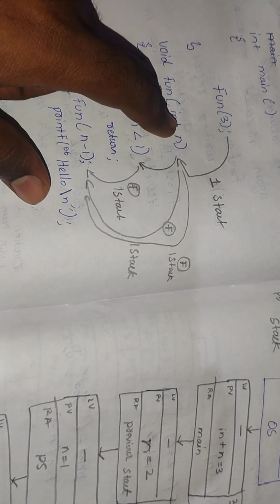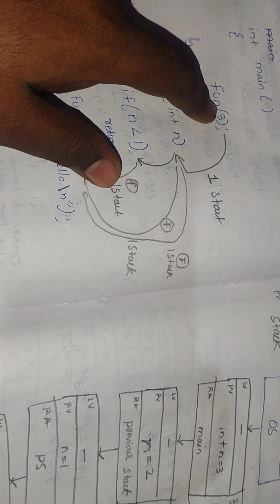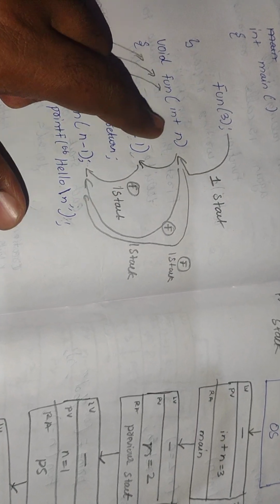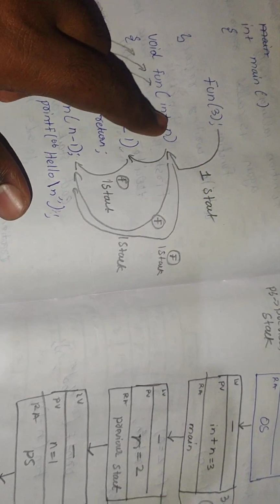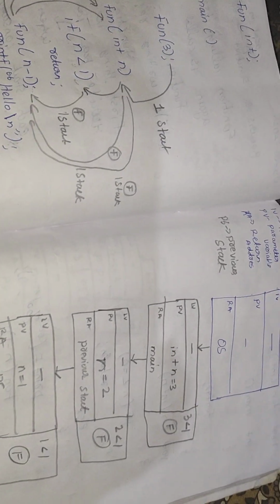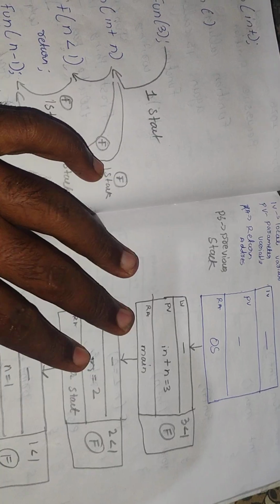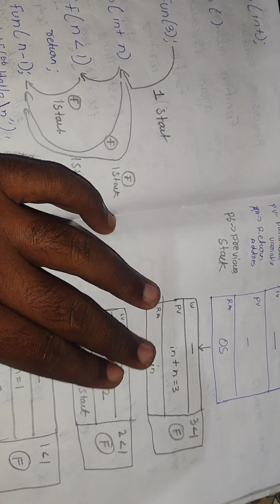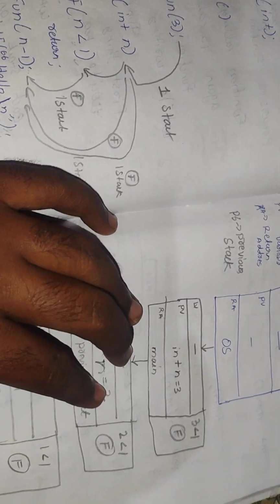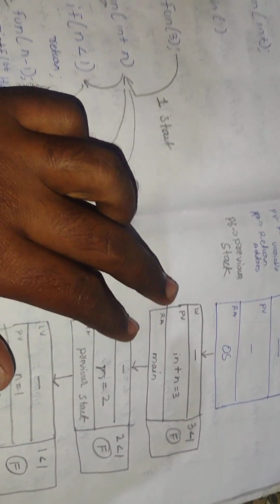Here we assigned the parameter value 3, so the value 3 will be stored in int n. So the parameter variable is int n equal to 3. And what is the return address of this function? The return address of this function is main.